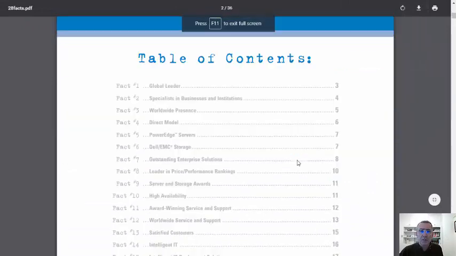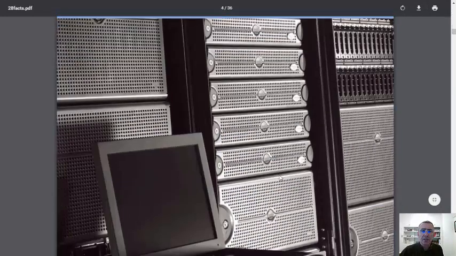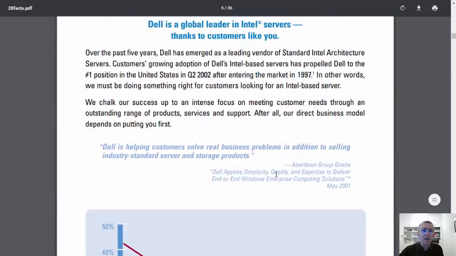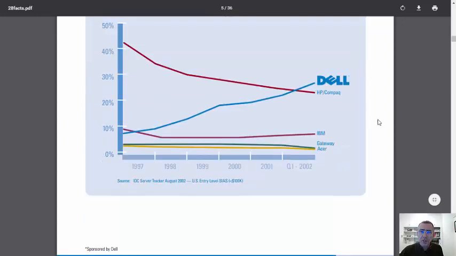In terms of manufacturing, where Dell makes computers, first, as a company, Dell is one of the world leaders. Now they've surpassed HP Compaq for servers, etc. That gives you an idea of who the players are.